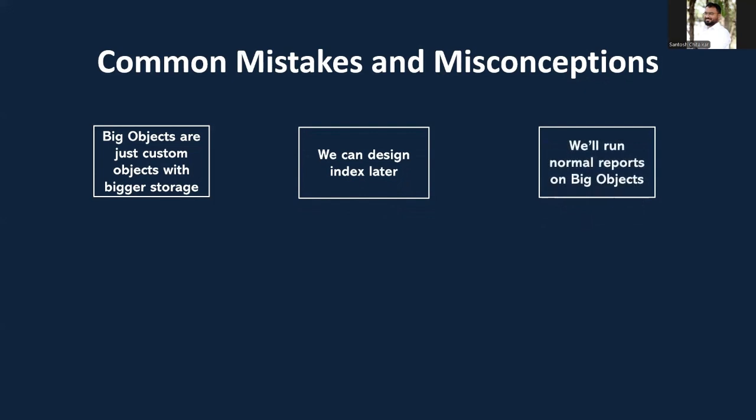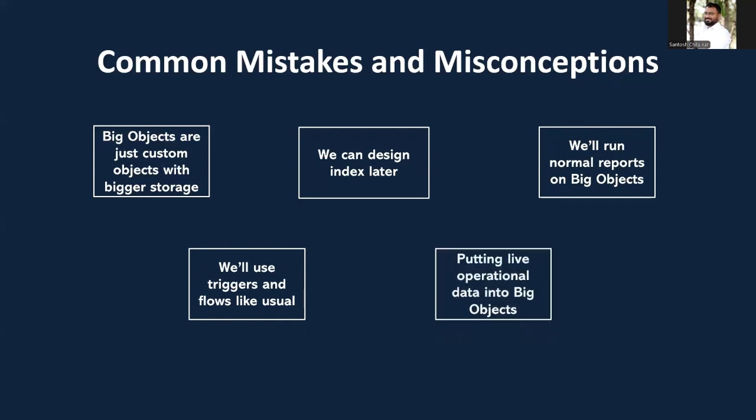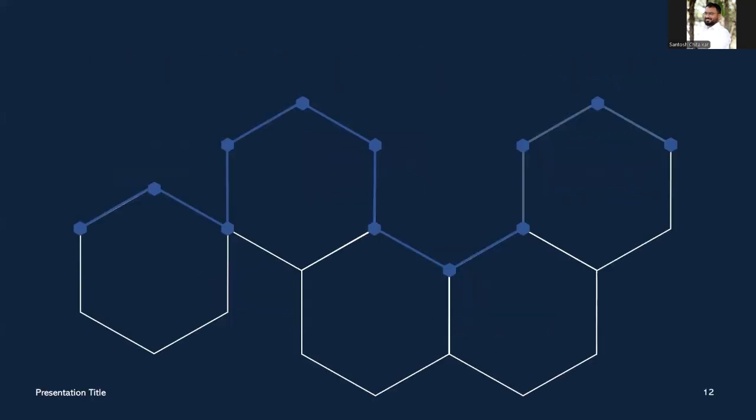We can run normal reports on big objects. Big objects are not meant as a reporting engine. We can use triggers and flows as usual. That is not possible. Putting live operational data into big objects usually backfires because operational data changes frequently and requires rich CRM features.